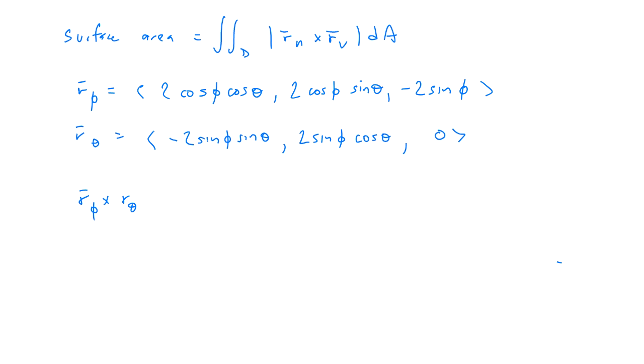And then we want the cross product. It's not going to fit nicely here, so I'm just going to put that's what we're getting. Put the first vector in the first row, second vector in the second row. As usual, it's not really going to matter which one you do first.